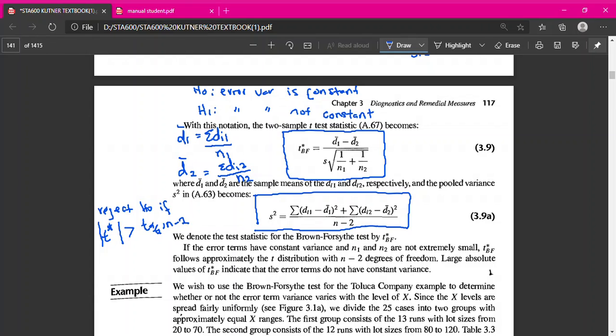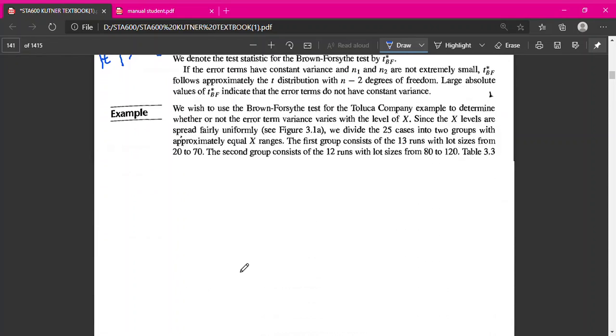So if we reject H0, it means that the error terms do not have constant variance. The error term is not constant if we reject H0. If we fail to reject H0, we can say that the error terms have constant variance.